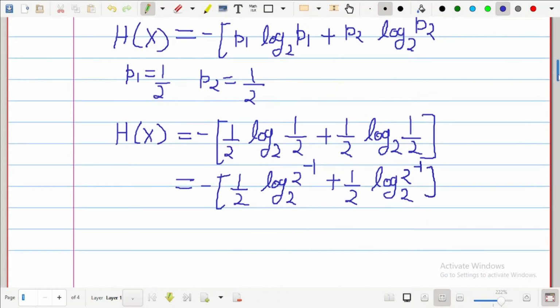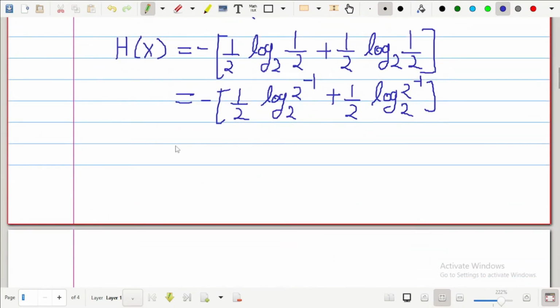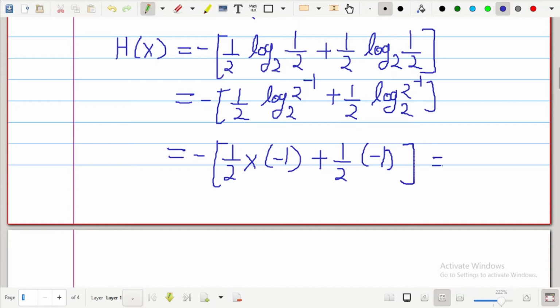So finally we will get minus, half into minus 1 plus half into minus 1, and finally that would be equal to 1. And entropy is measured in bits.